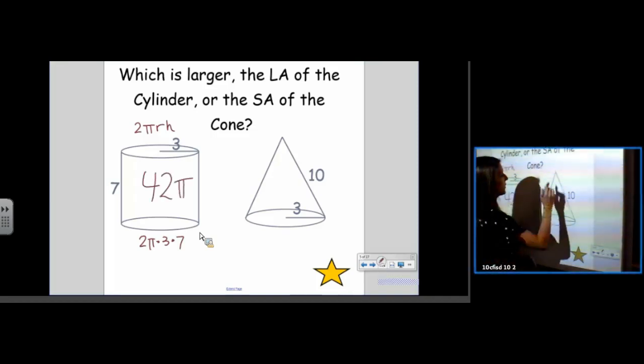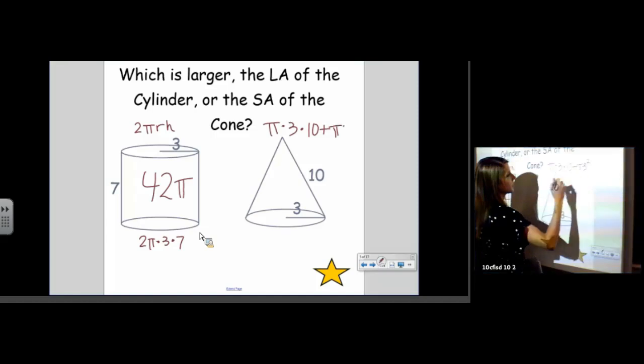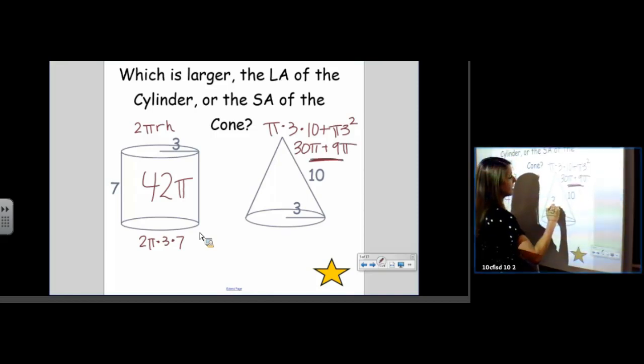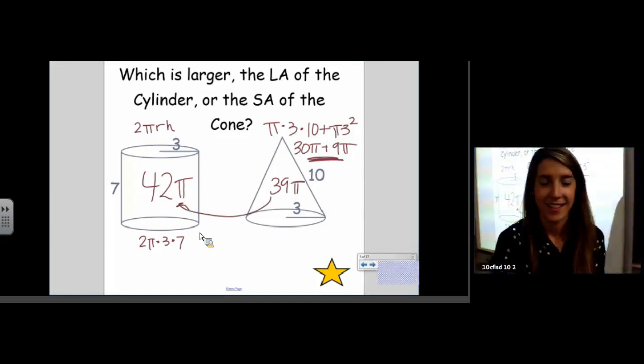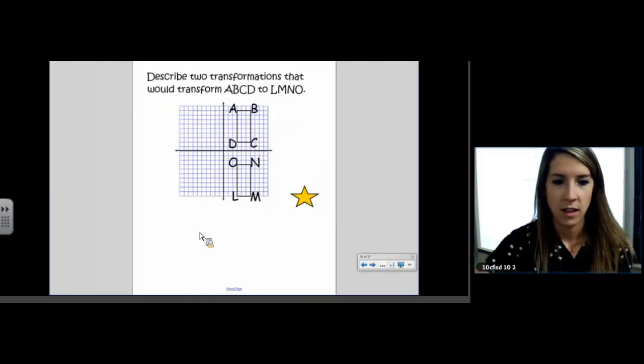Total surface area of the cone, pi r L plus pi r squared. So that will be 30 pi plus 9 pi. You're allowed to add these because they're like terms, but it doesn't quite compare. They were really close, weren't they? But the cylinder wins.